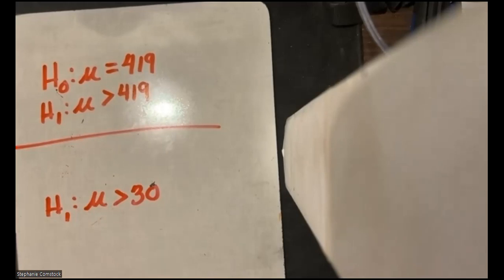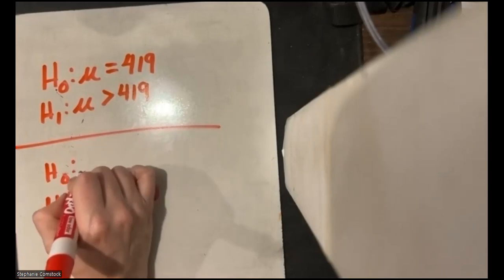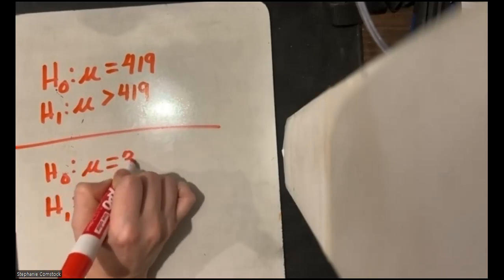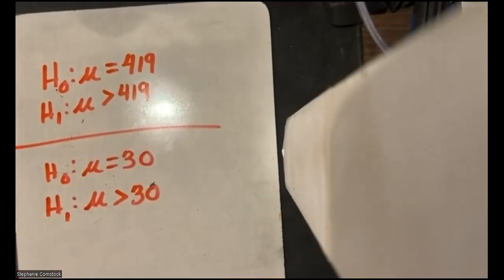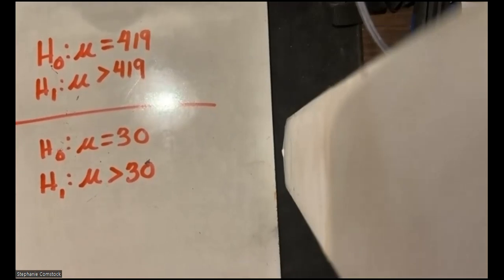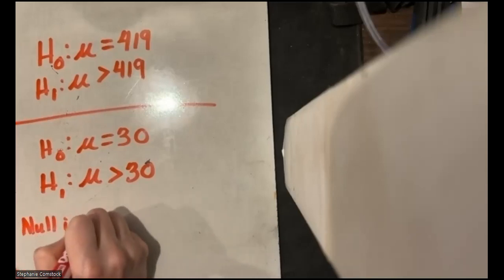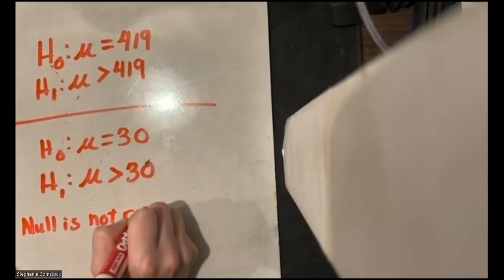That means I'm going to set the other one: my null is that they spend $30. They could spend less, but we'll top it off at 30. Now, they run a hypothesis test, and the null is not rejected.